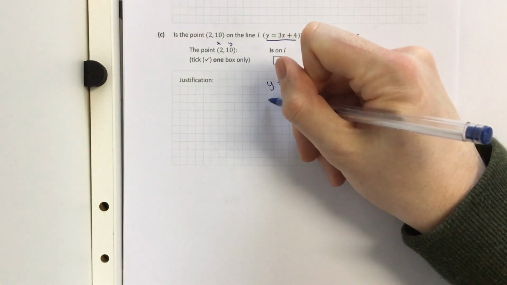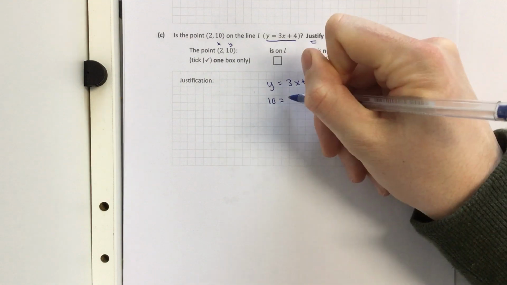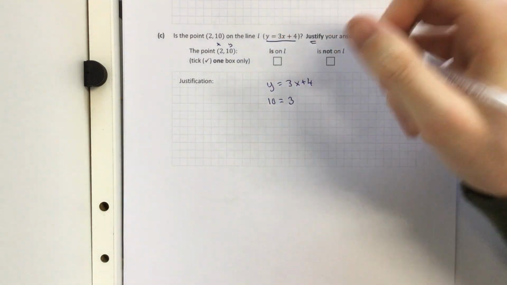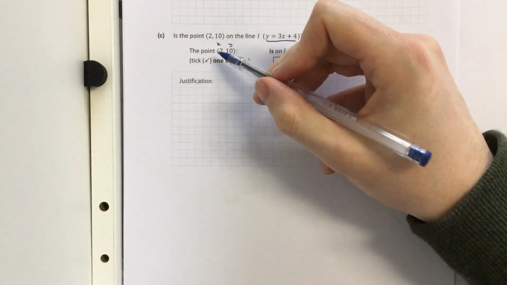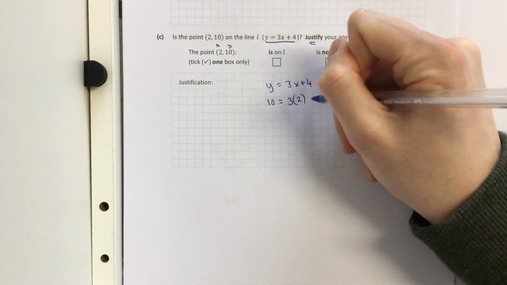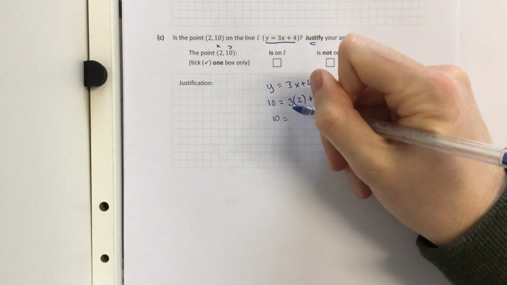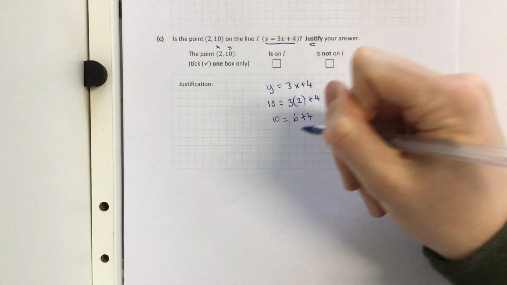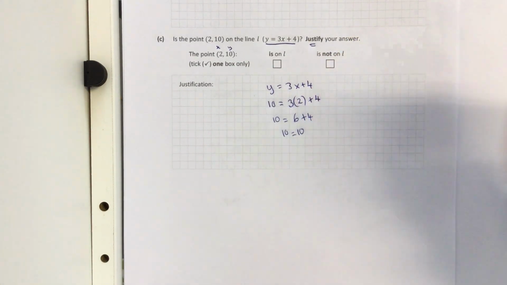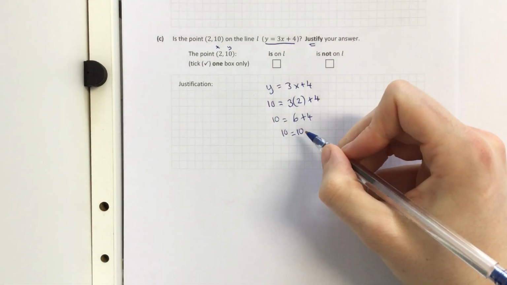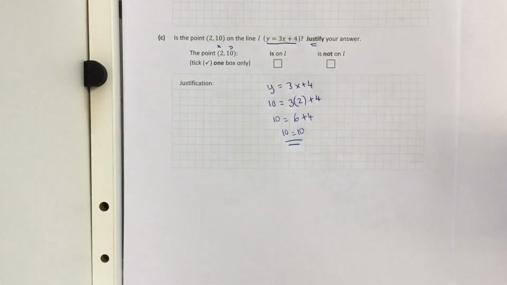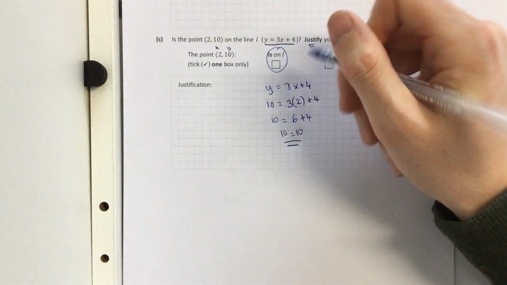Let's replace the y, 10 equals, and we have 3 bracket x, so therefore x in this case is 2, so 3 bracket 2 plus 4. So therefore 10 equals 6 plus 4, 10 equals 10. Now, as I said, if the left is equal to the right, then that means it is on the line.